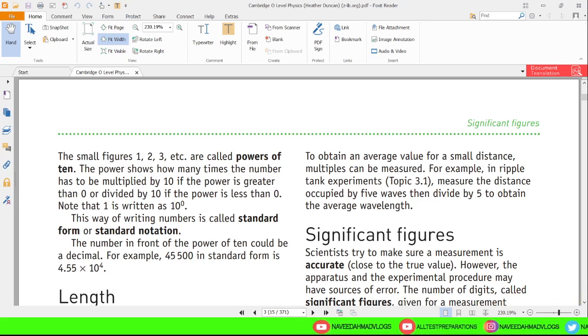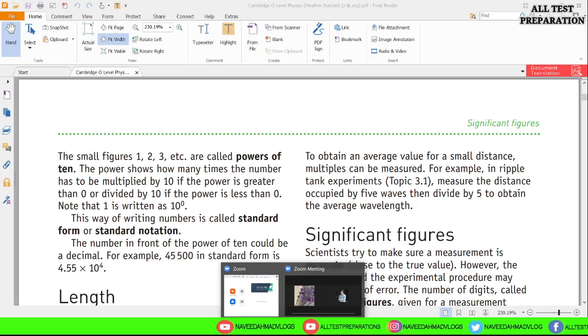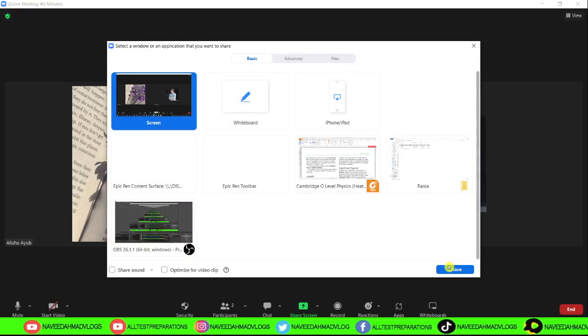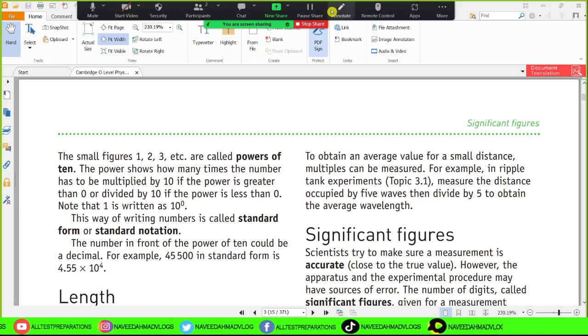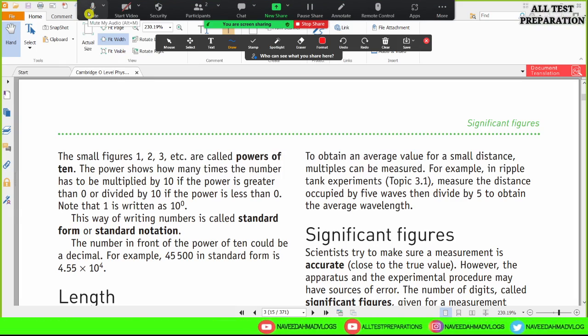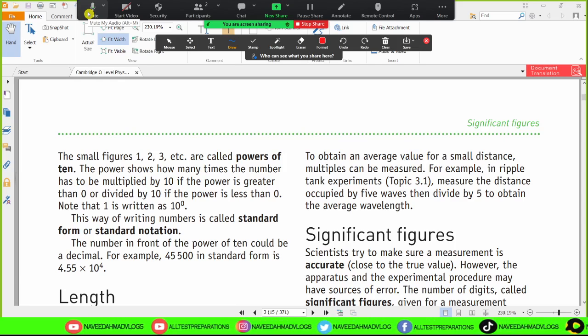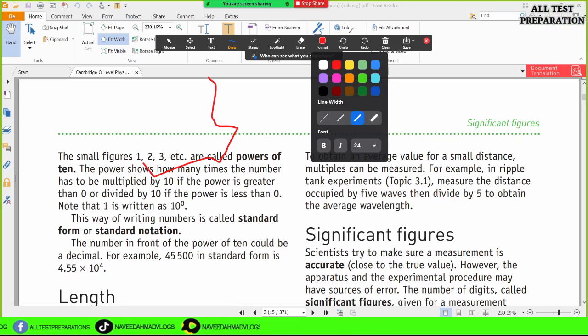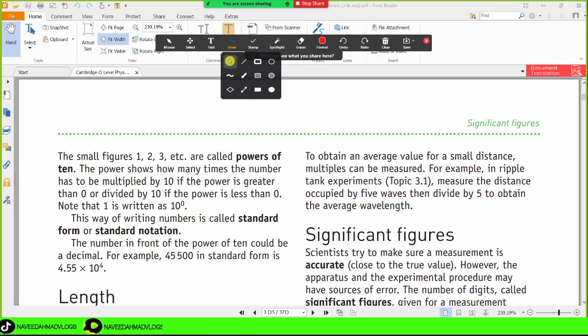Wait, I am going to share my screen. अच्छा, ratio: 1 kilo is equal to 10 to the power of 3.